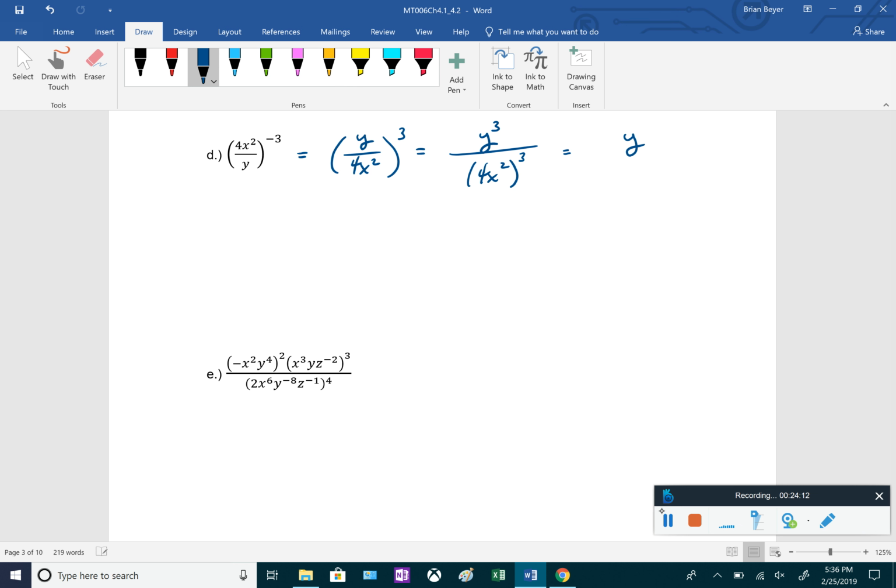So it's going to be y cubed over, so in that denominator, 4x squared, we need to give the 4 the exponent, as well as the x squared. And for that, we get y cubed. 4 cubed is 64. X squared cubed, power to a power, we multiply, and we get x to the 6th. So y cubed over 64x to the 6th.